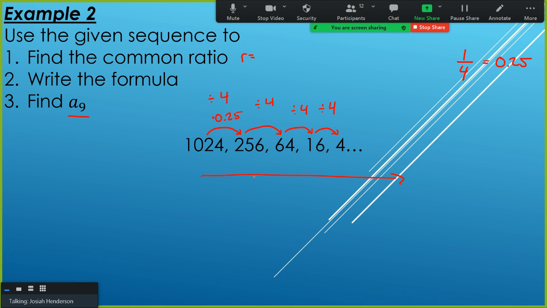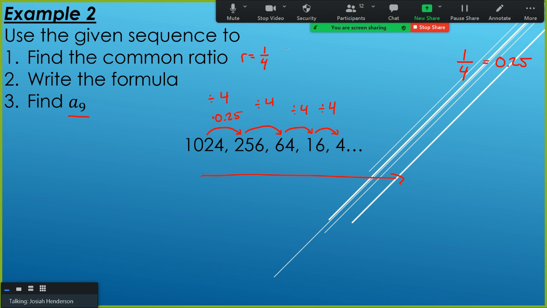Thank you all for participating. So we found 4. Now just be careful though, because I think most of us, and me included, have a tendency to want to work with multiplying over dividing, right? So my common ratio is dividing by 4.